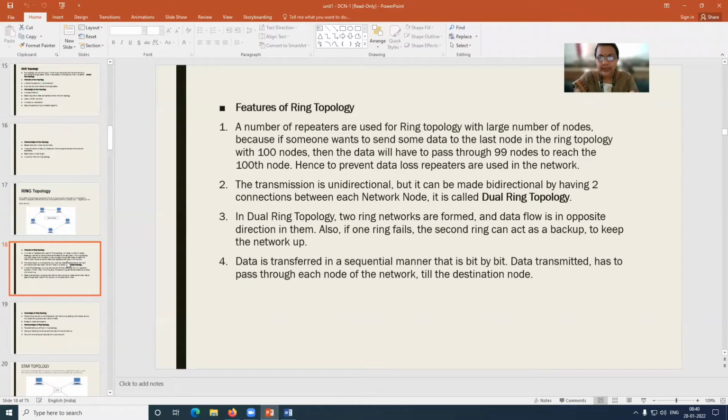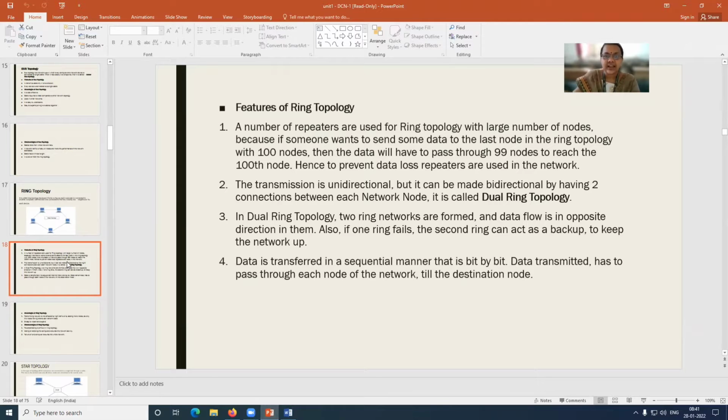For example, I am connecting in a ring network, and my system, the first one, is number 1. I want to send data to the 100th, the last one, or the 98th or something. This will be very far. The data has to go from the first system to the second, to the third, and so on.